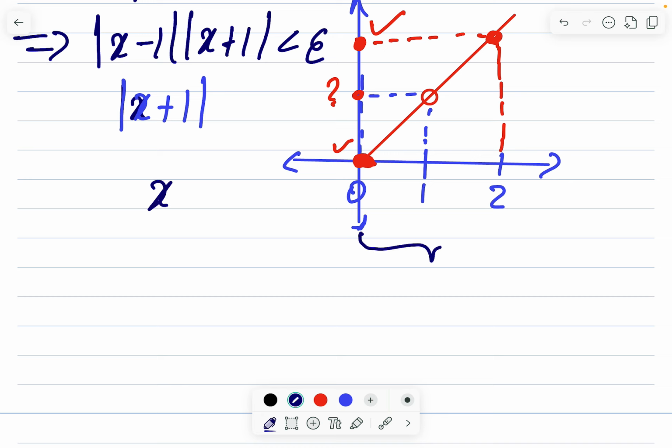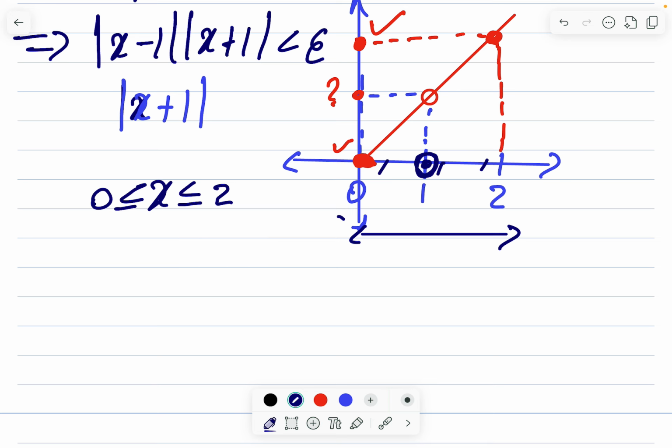That's my interval, it's this side. It means my interval is greater or equal to 0 but less or equal to 2. It means I'm talking about this number and other numbers. It's included there.